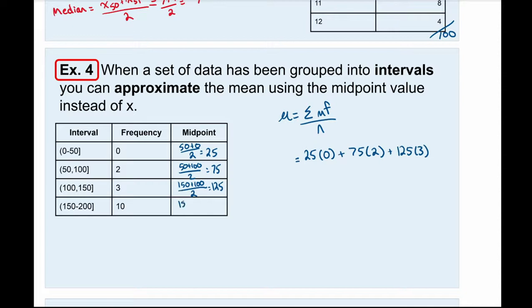And then 150 plus 200 divided by 2, which equals 175, so 175 times 10. All divided by the total number of data points, which I can find by adding up the frequencies, so it would be 15. This means that my mean would be 151.6.